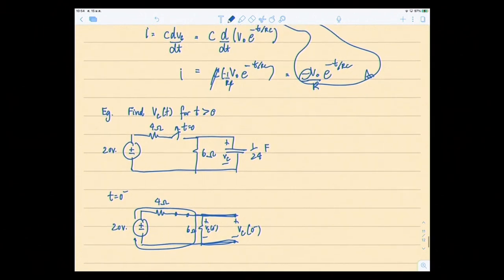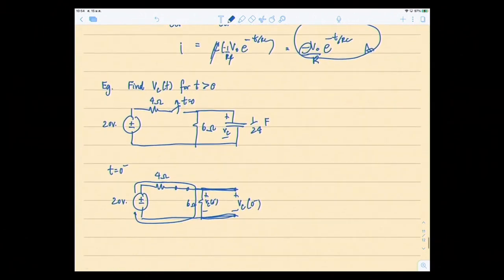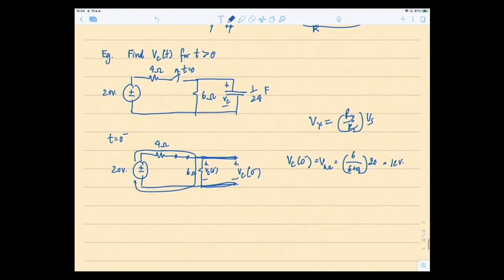You can use a voltage divider to find the voltage drop across the 4 ohm and 6 ohms. So VC at 0 minus is equal to the voltage drop across 6 ohms, which is Rx over R total times Vs. So 6 over 6 plus 4 multiplied by 20 equal to 12 volt. So VC at 0 minus is equal to 12 volt.